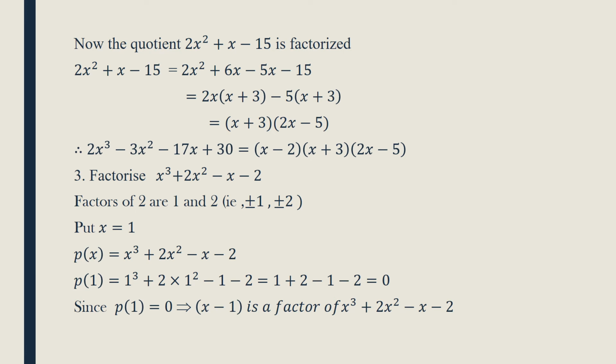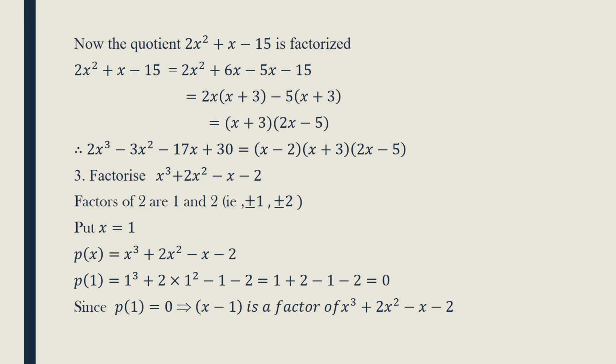Factorize x cube plus 2x square minus x minus 2. Here the constant is 2. So the factors of 2 are plus or minus 1 and plus or minus 2. Giving x is equal to 1 in the polynomial, we have 1 cube plus 2 into 1 square minus 1 minus 2, which is equal to 1 plus 2 minus 1 minus 2 equal to 0.